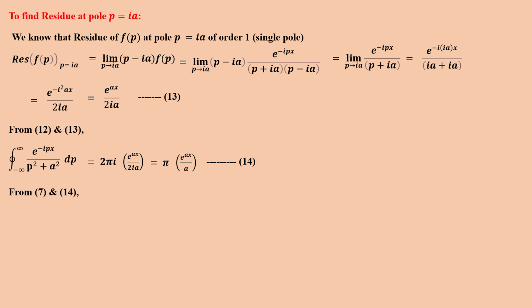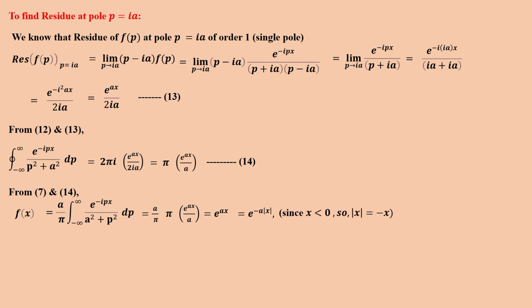Now using 14 in 7, f of x is equal to a by pi integral of e power minus i p x by a square plus p square dp, which is equal to a by pi into e power a x by a. So a and pi get cancelled, so you will get e power a x. This can be written as e power minus a into mod x, correct? Because x is less than 0 already.